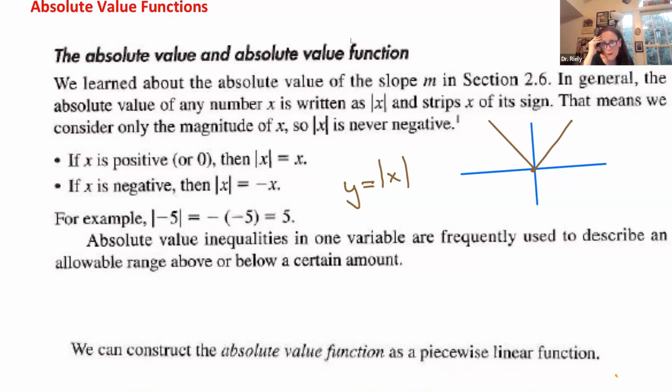So a lot of times my kids will say, well, they're all positive. Well, technically, absolute value is the distance from the origin. So it's really neither positive nor negative, but that's your absolute value function, because no matter what your x is, your y will always be on this part of your axis. Okay, so that's how that works, and that's just absolute value.